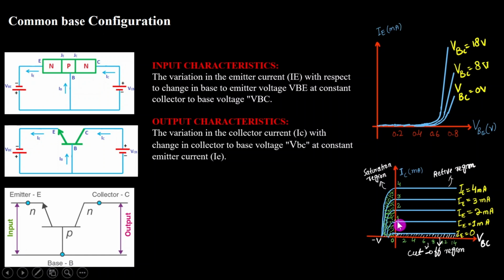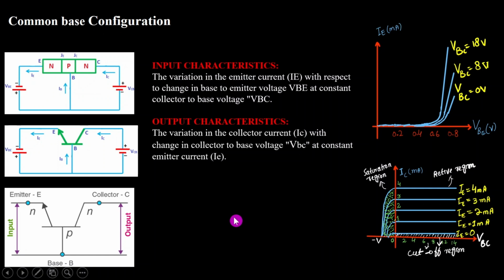And if we increase this reverse bias, there will be no such variation in this area. This is because of the reverse biasing of this collector-base junction.